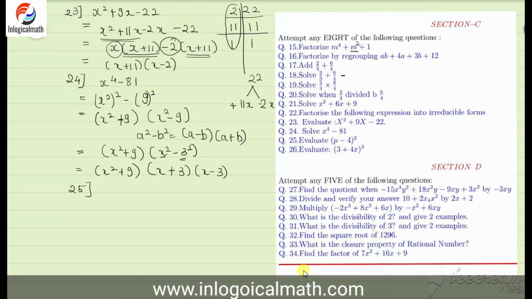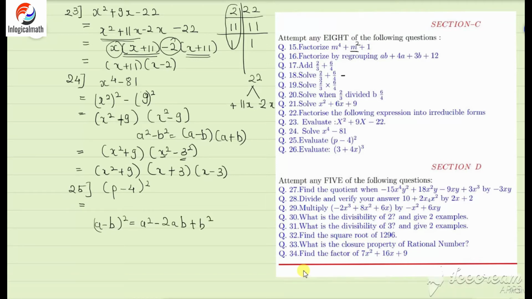The 25th question is to evaluate p minus 4 whole square. So we know the formula of a minus b whole square: a minus b whole square equals a square minus 2ab plus b square. So here a equals p and b equals 4.